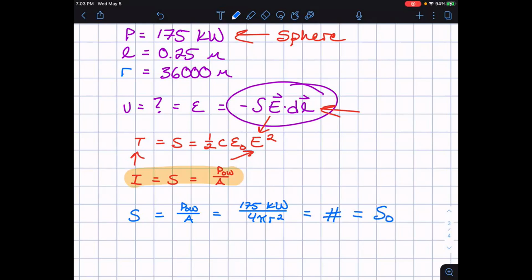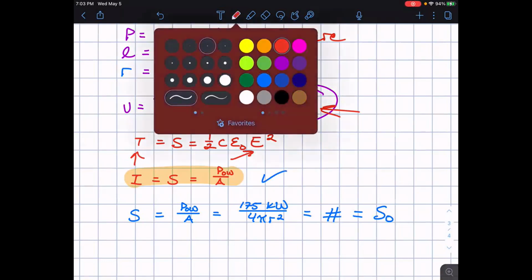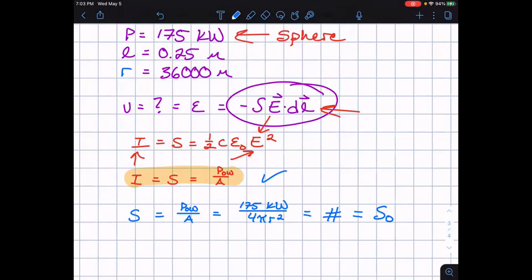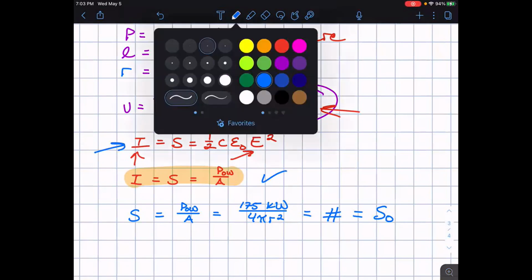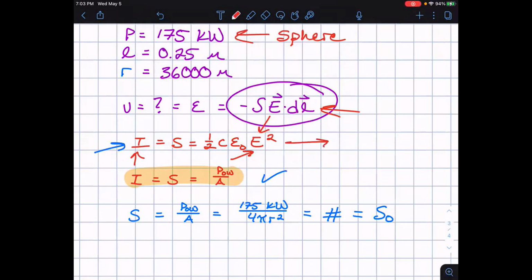Okay, so at this point, this is great. I've got step one totally done. I got my intensity, so now I actually erase something. Now I can go on to step two. I can try to solve for my electric field. So let's rearrange that equation for E field. E is going to be the square root of 2S over c times epsilon naught.